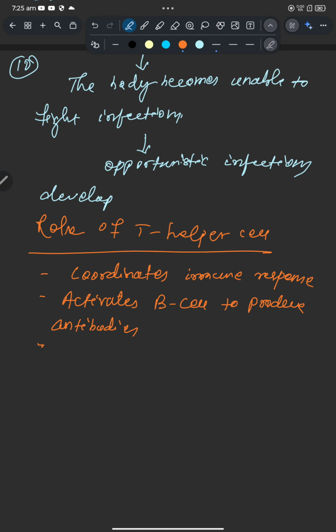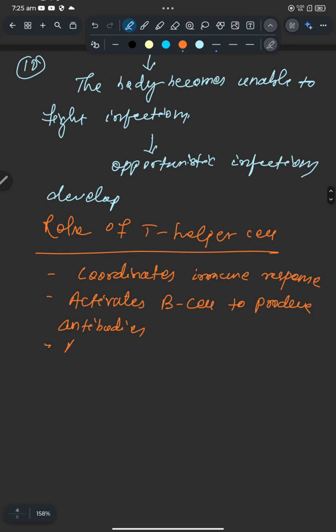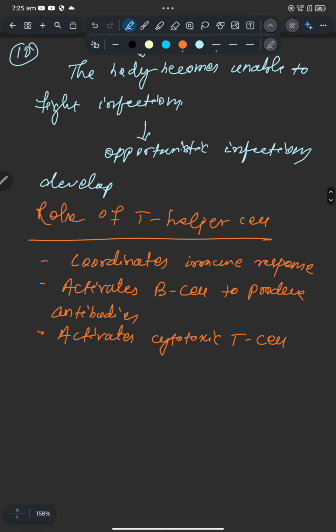Now it also activates the cytotoxic T cell. Means there is a kind of T cell which produces toxic substances that kill the pathogen. These cells are also activated by the T helper cells, so when the T cells are destroyed, definitely the cytotoxic T cells are also affected. Then it stimulates the macrophage.